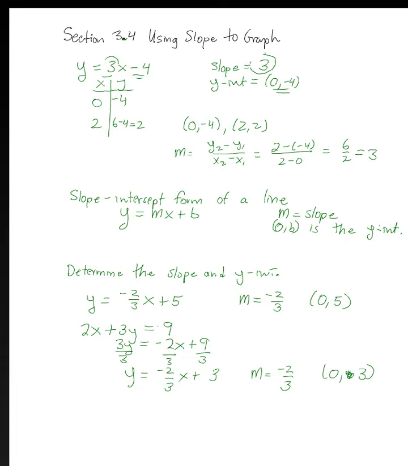Now, an advantage of knowing the slope and the intercept is it makes it very easy to graph. Let me show you what I mean. If I give you the equation y equals 3/2 x minus 2, and I ask you to graph, here's all you have to do.